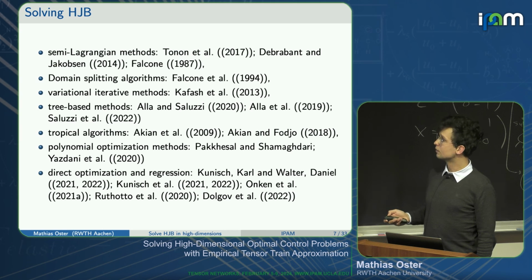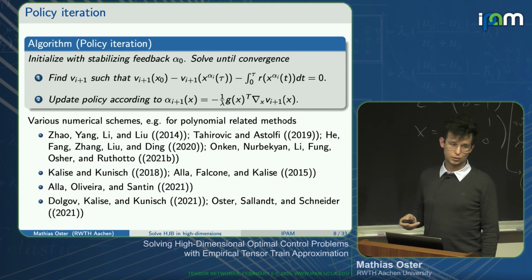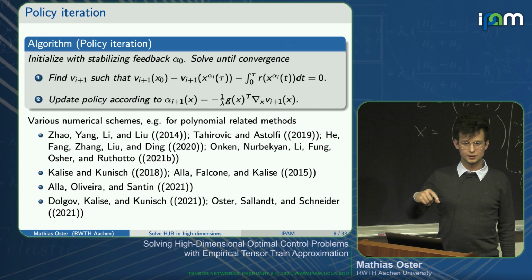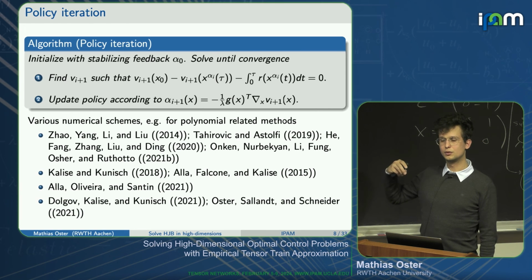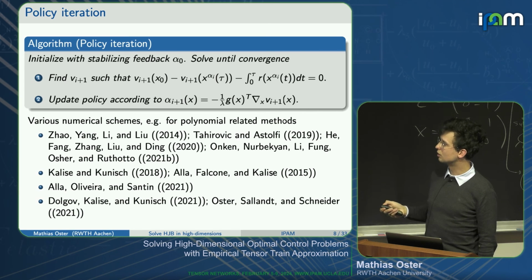And one of these methods is the so-called policy iteration. And this is exactly what I said, that you try to make an alternating algorithm between solving the linear equation and then updating the policy. So yeah, this is exactly what is written here.